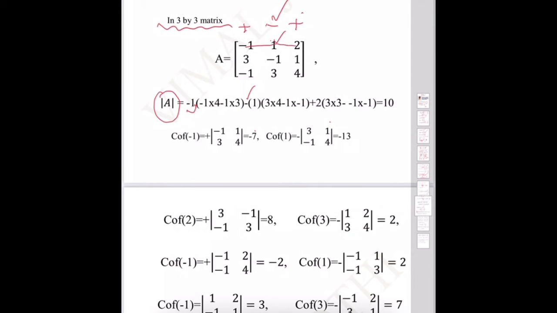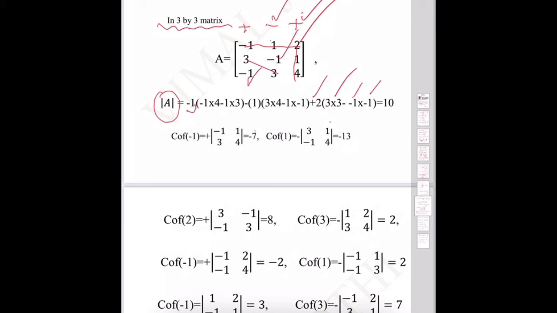Delete this row and this column. Then 3 into 4 minus 1 into minus 1. That is this. Then next, plus, that is this plus 2 into, delete this row and this column, then 3 into 3 minus 1 into minus 1.